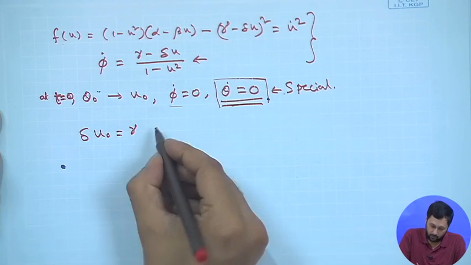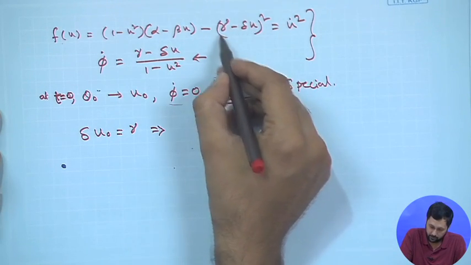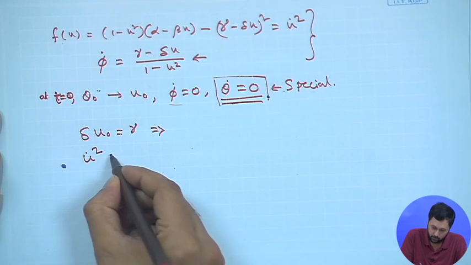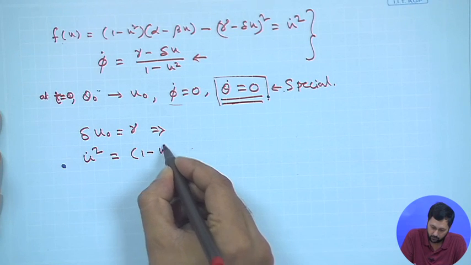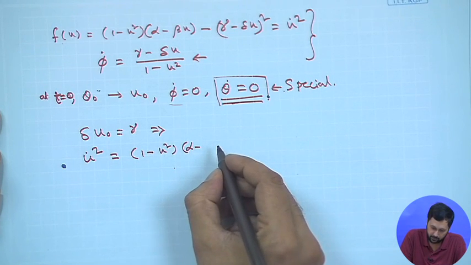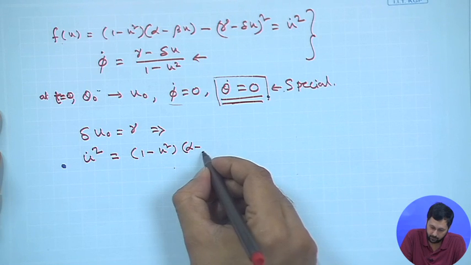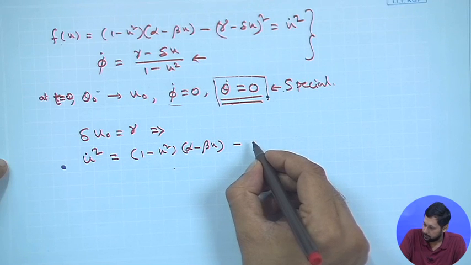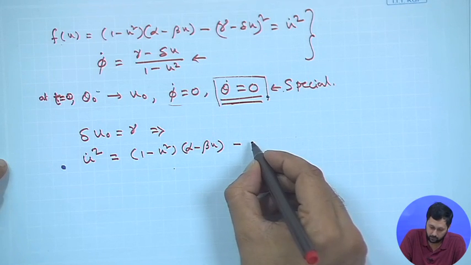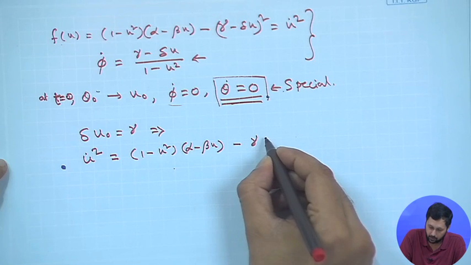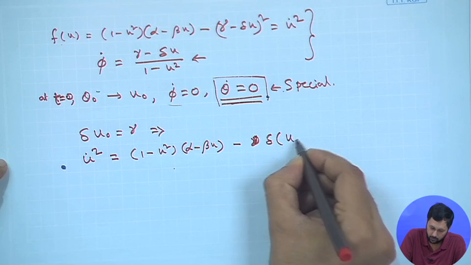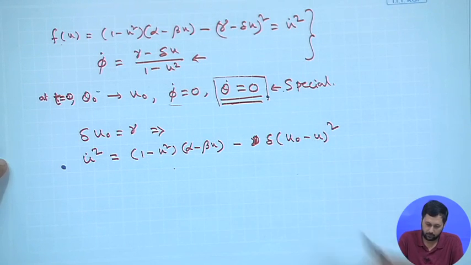Now, if we substitute this in this equation, u dot square will be equal to (1 minus u square) times (alpha minus beta u), and if I do this substitution, it will be delta times (u 0 minus u) whole square, which is a new form of f(u).